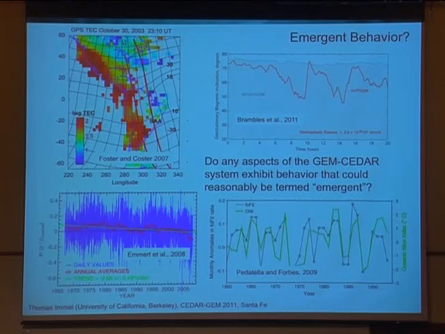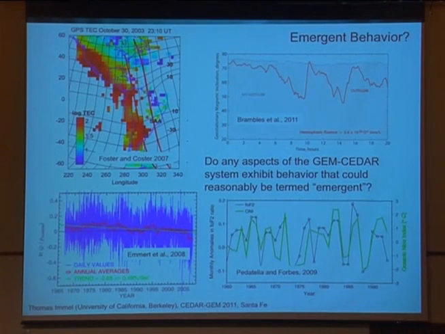Or is this emergent behavior where you have tropospheric coupling up into the ionosphere and now, as we know, probably into the plasmasphere and beyond? I'm showing a plot of the correspondence between an ionospheric index and the El Nino index.